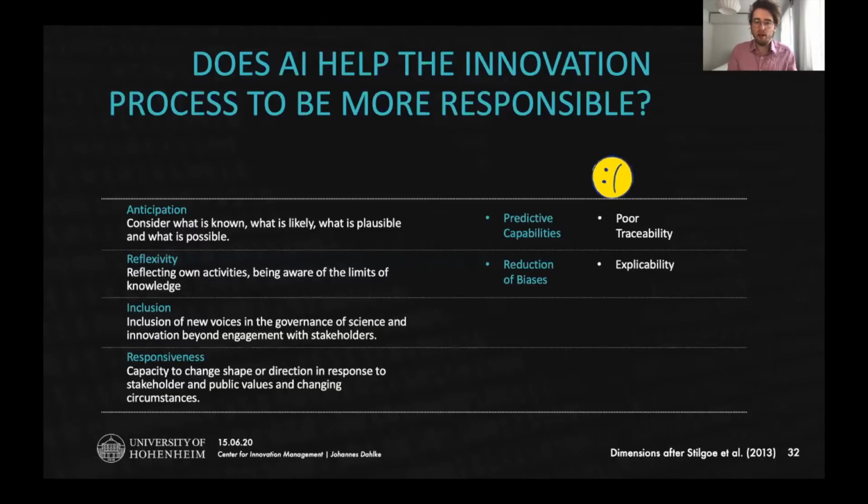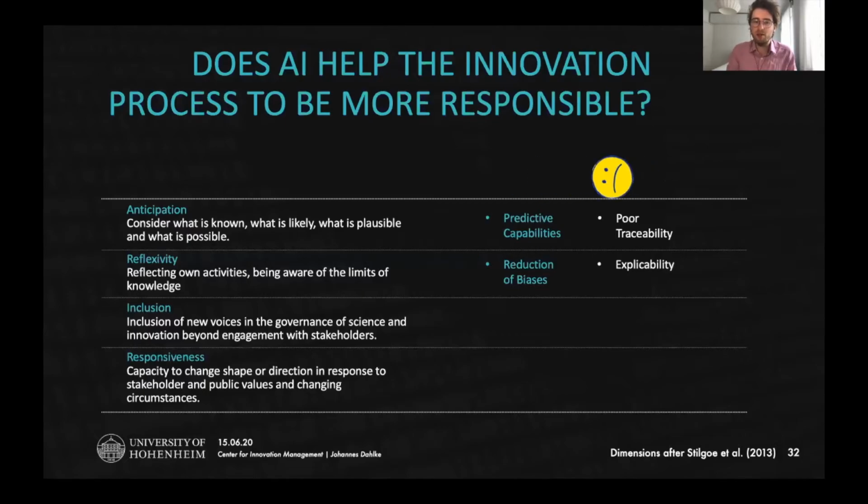So an AI system suggesting new alternatives to us, therefore letting us realize our own cognitive limits. And on the other hand, the statistical analysis tool that AI provides us with may help us in detecting biases in data, for example, caused by systemic discrimination.